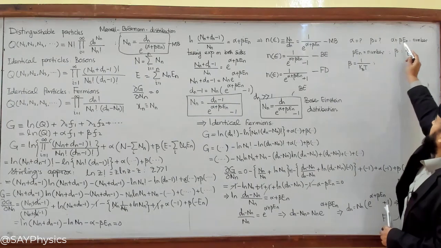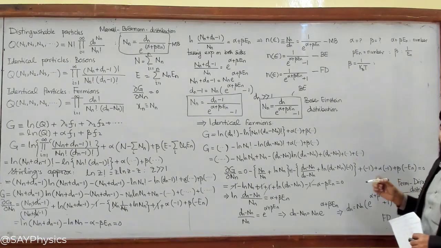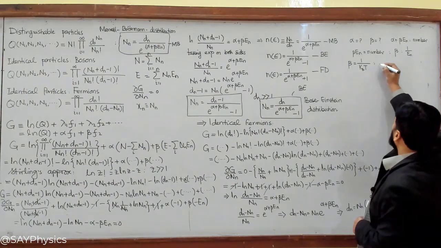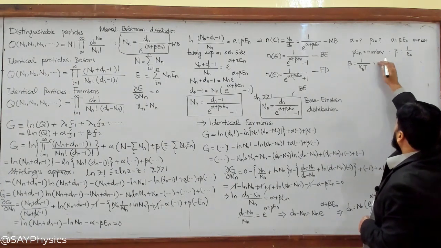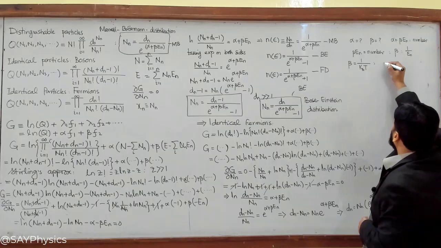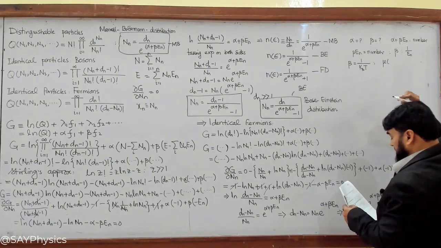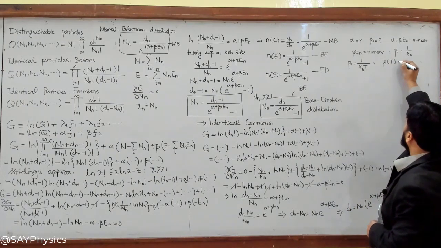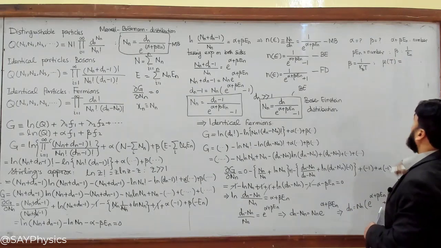Because alpha plus beta en is dimensionless, we define another quantity which we call the chemical potential, which is mu as a function of T.